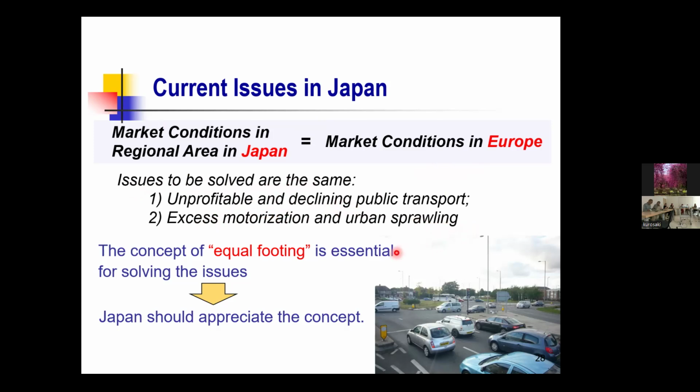In order to tackle these issues in Japan, Japan should study lessons and experiences from European countries. In particular, the concept of equal footing should be introduced, and public finance should be utilized to sustain the railway network in more cases when necessary.